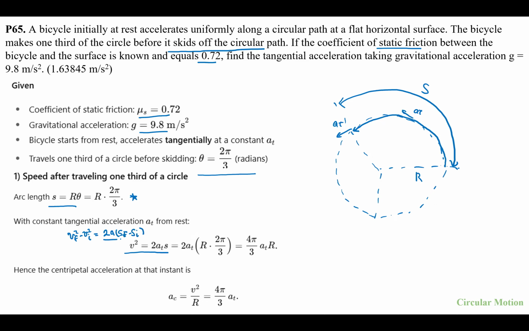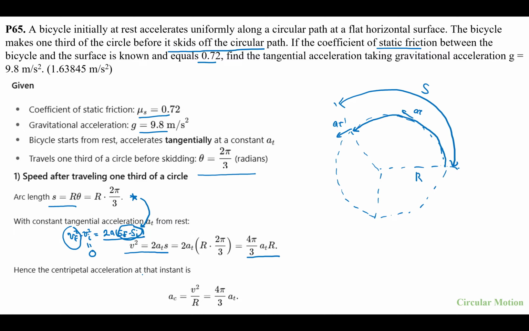That is what we found above. And we have assumed that the initial velocity was 0, so the final velocity v squared is given by this one. So it is given by this value.